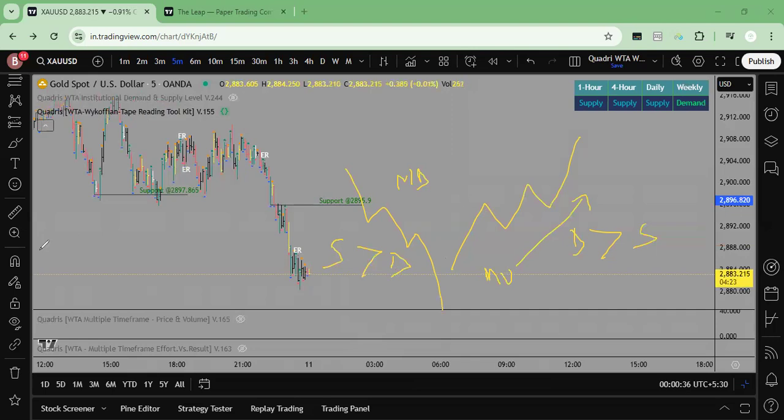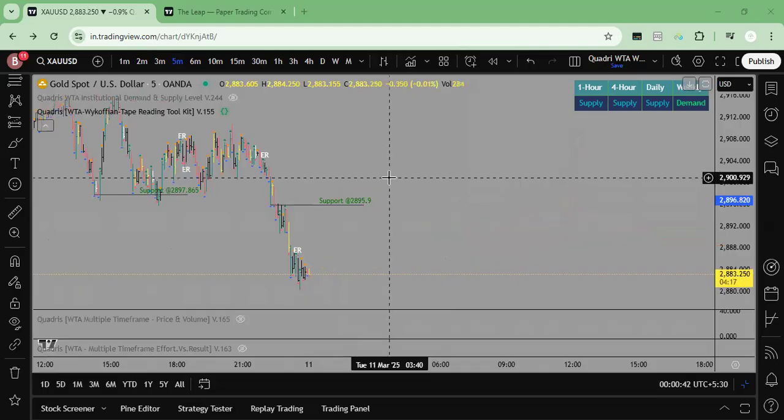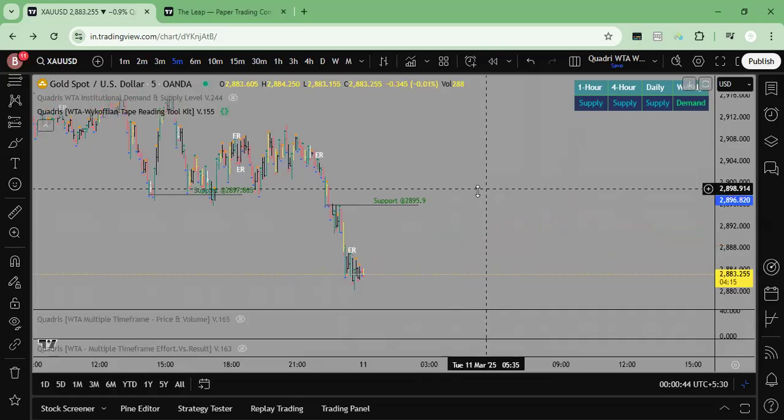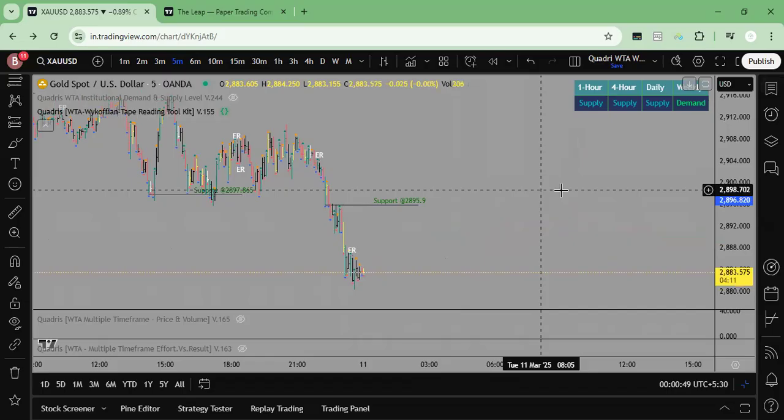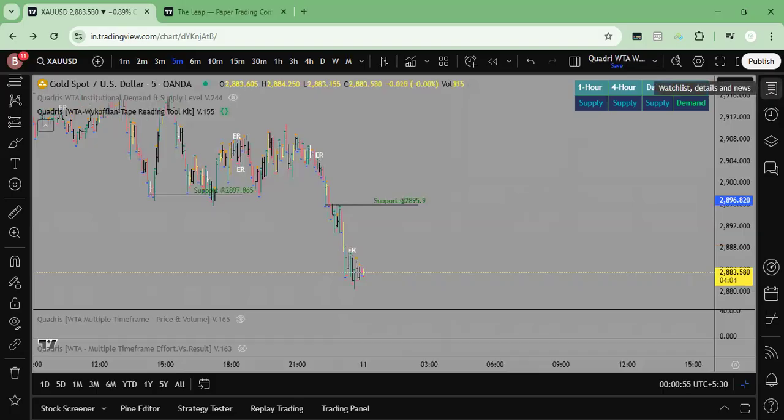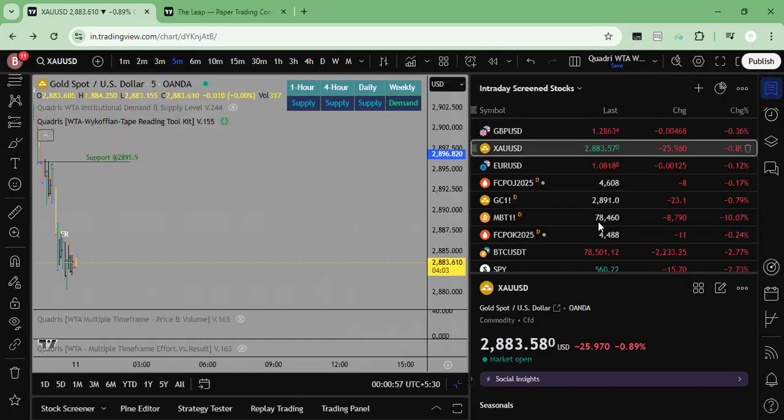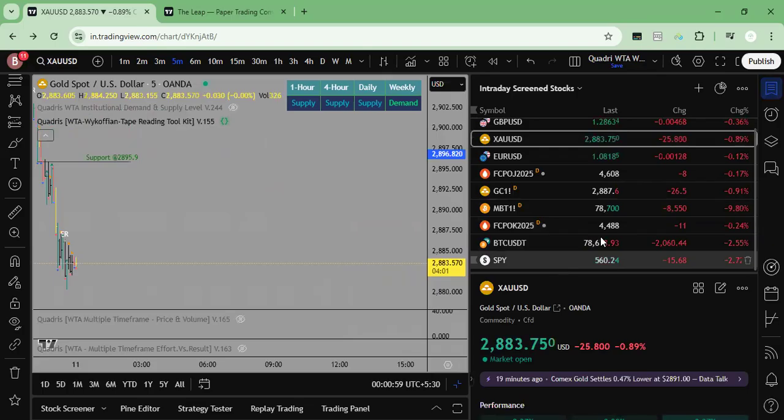So I have developed a trading tool based on Richard D. Wyckoff's principles. Let me change the chart. Actually, it was requested by a Wyckoffian trader who has joined one of my groups. He's trading the S&P 500, that is the SPY ETF.